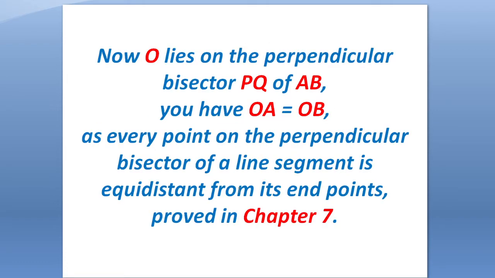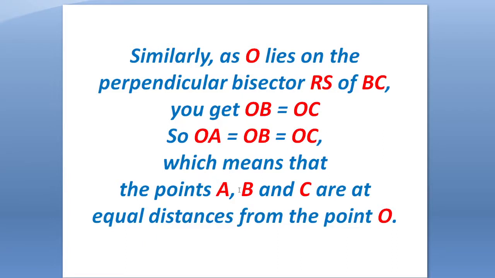Okay, so now O lies on the perpendicular bisector PQ of AB. You have OA is equal to OB, as every point on the perpendicular bisector of a line segment is equidistant from its endpoints, and we have proved it in chapter number 7. Similarly, as O lies on the perpendicular bisector RS of BC, you get OB is equal to OC.